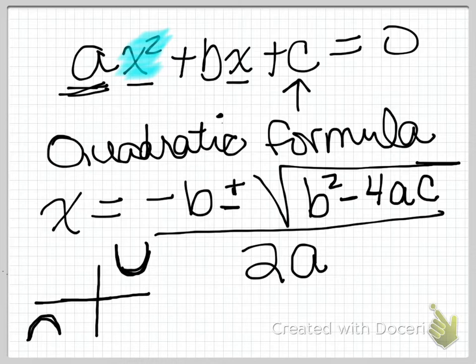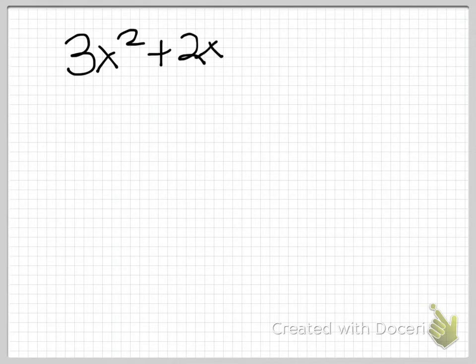Here we go. Let's begin with a nice, easy one. Let's start with this one. Here we go. 3x squared plus 2x equals 7. If we were to start with this, we see the 7 is over there by itself.